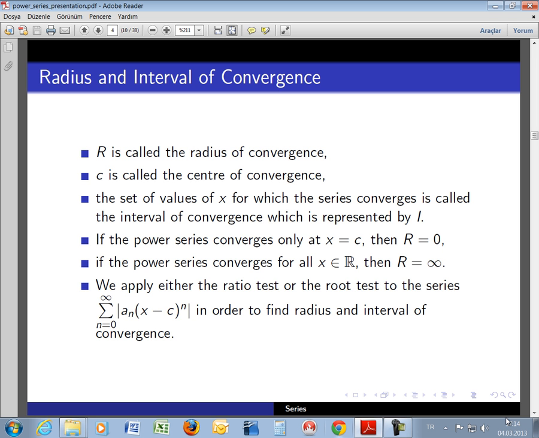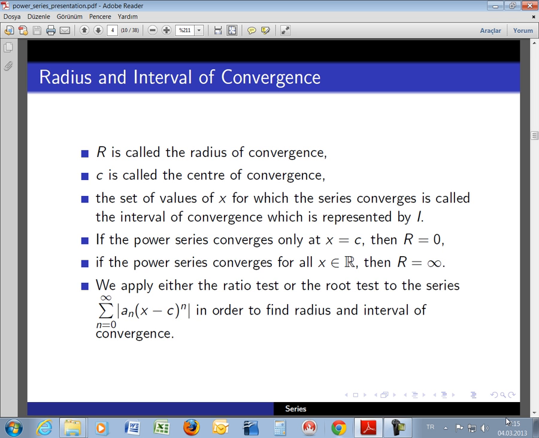If the series converges for every x in R, that's for all real numbers, then the radius of convergence is infinity. And if we want to test the convergence of a power series, note here that we apply either the ratio test or the root test on the absolute value of the terms of the series, that is for the series sigma 0 to infinity absolute value of a_n times (x minus c) to the power n.